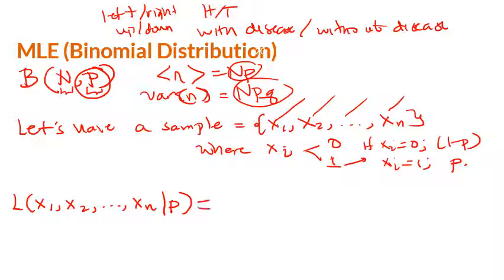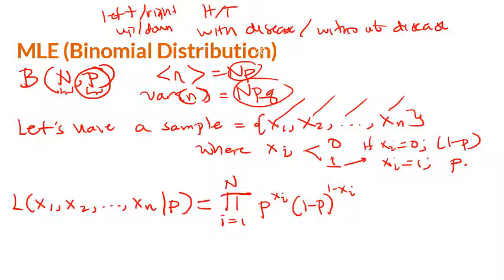So let's spell out our likelihood function. This is given by the product i from 1 to n. So ano yung itsura ng likelihood function natin? It's p to the xi times 1 minus p raised to 1 minus xi.